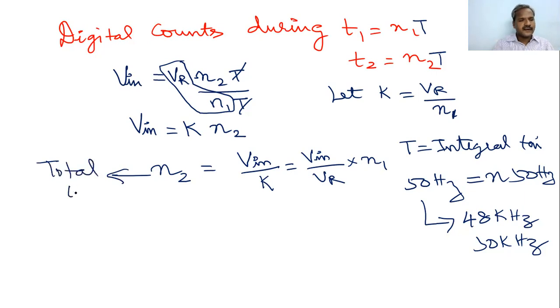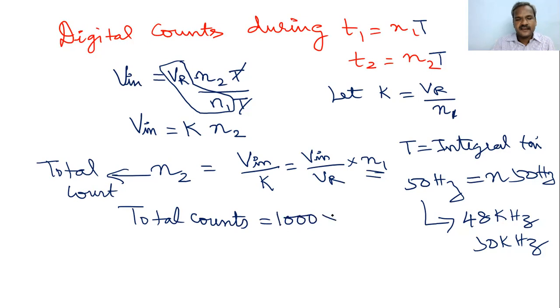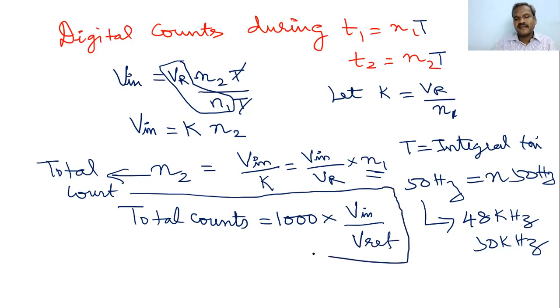So what is the total counts for a 3.5 digit voltmeter? Total counts equal N1, the first integration pulse counts, into V in divided by V reference. So this is the formula required to design the reference voltage.